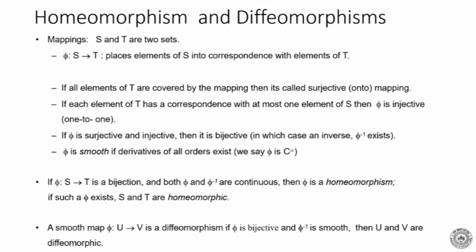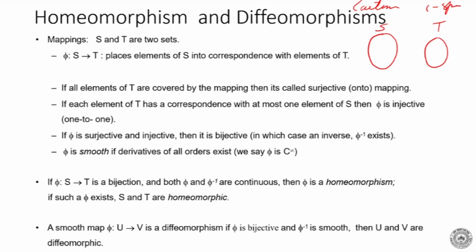Now, we have to look further into this in terms of mapping. Let us say we have two spaces, S and T. We can talk about them as Cartesian space and C space.